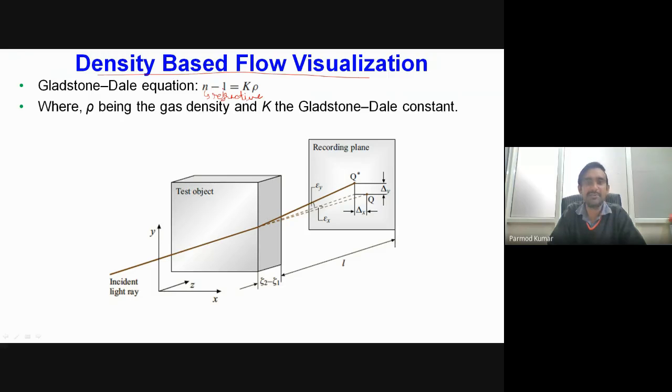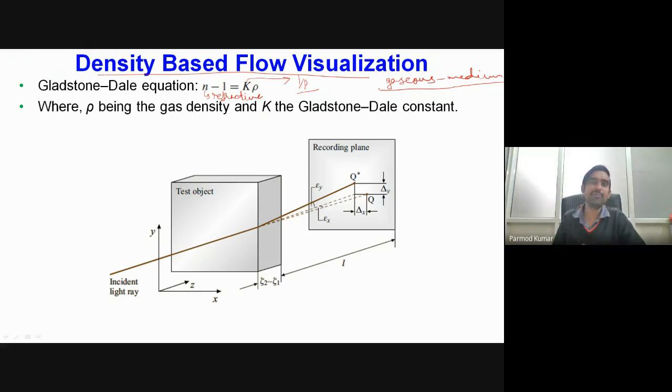We have N minus 1 equal to K times rho, where K is a parameter having dimensions of 1 by density, 1 by rho. This constant is known as the Gladstone-Dale constant, and this equation is valid only for gaseous medium.